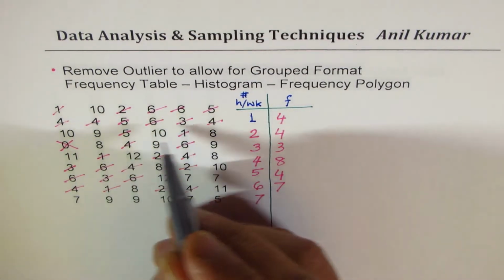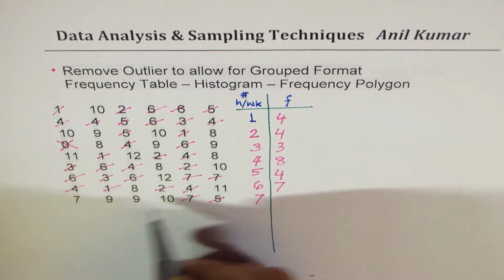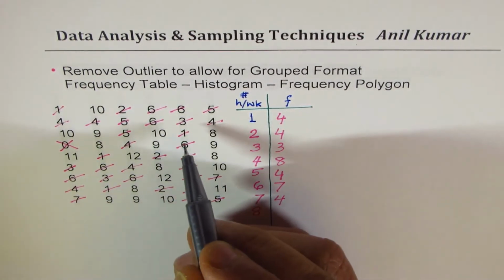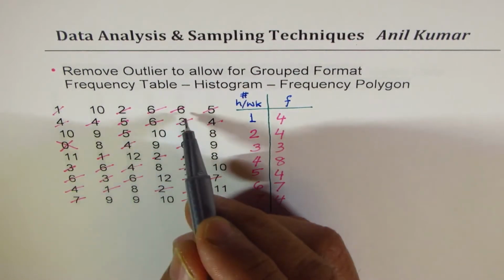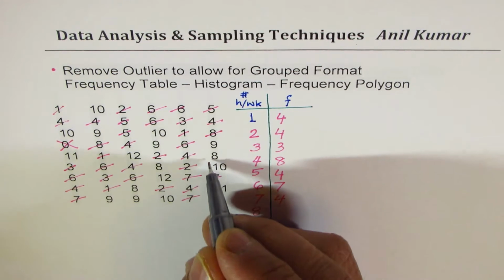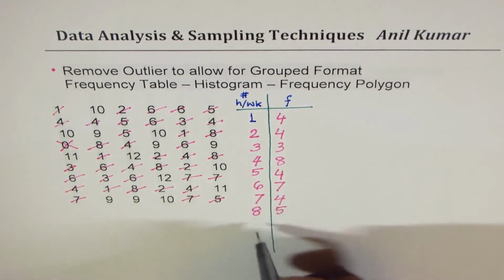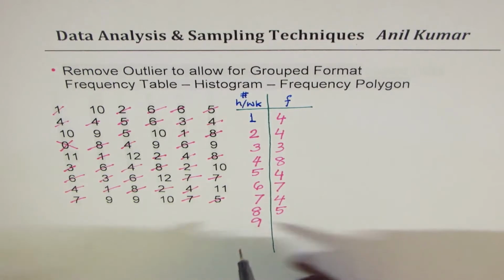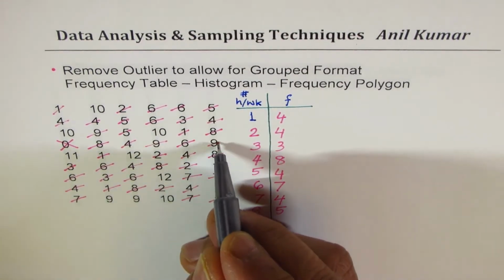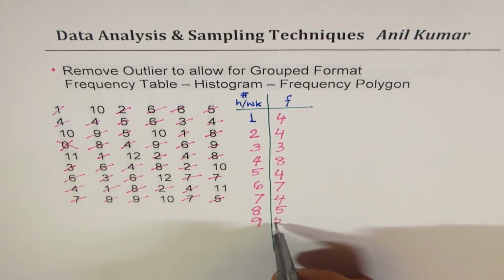Number of 7s, we have 1, 2, 3, 4. Number of 8s, 1, 2, 3, 4, 5. Number of 9s, 1, 2, 3, 4, 5.